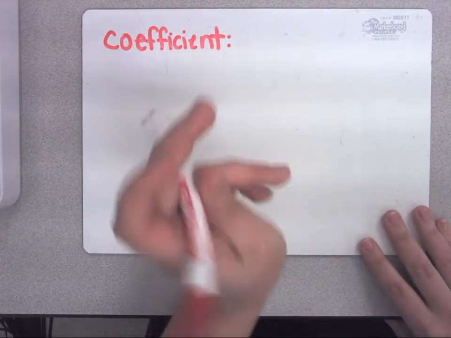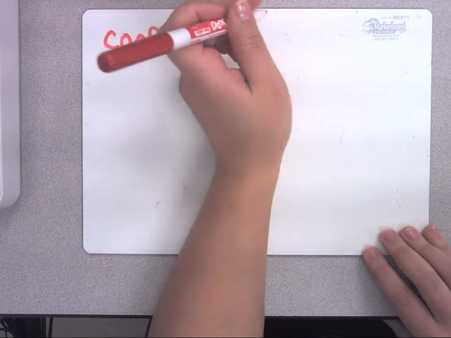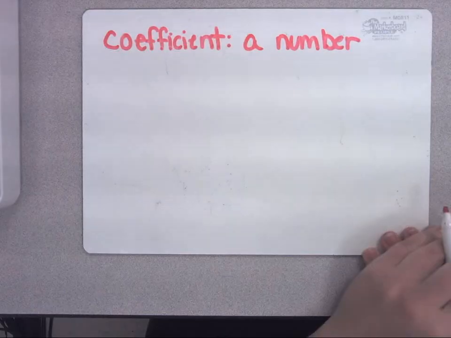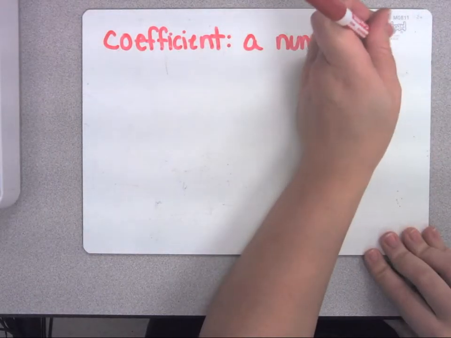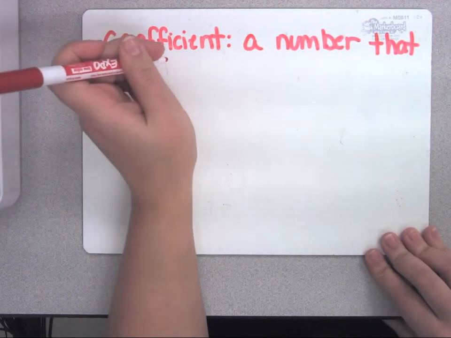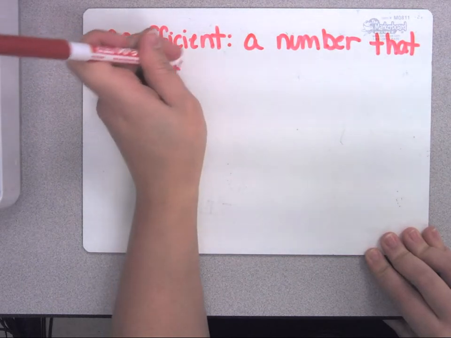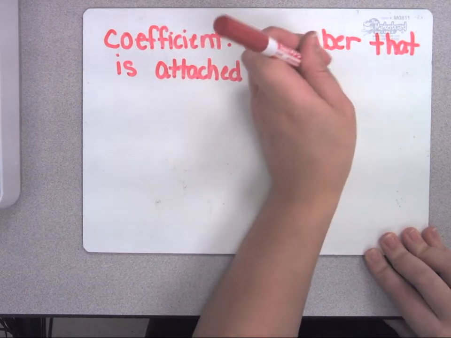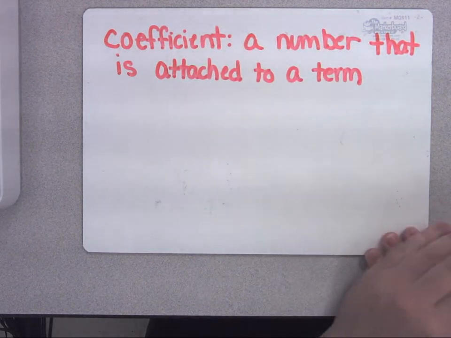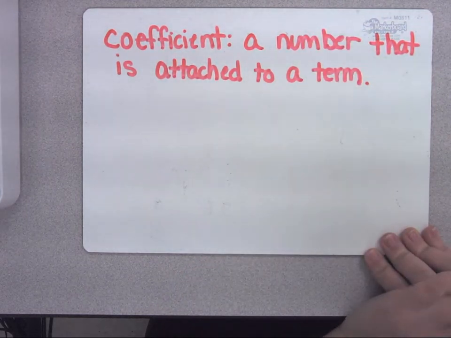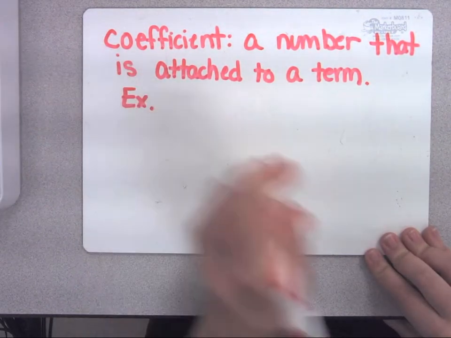A coefficient, right, is a number that is attached to a term. So it's part of a term, so a set of numbers, right? Period. Example.